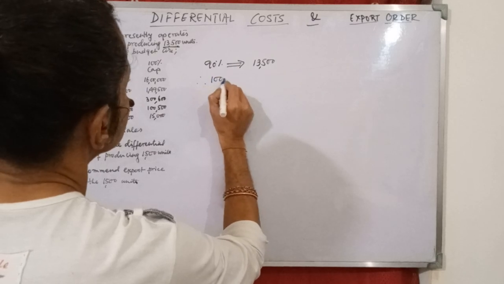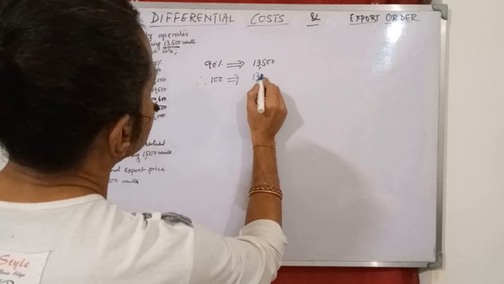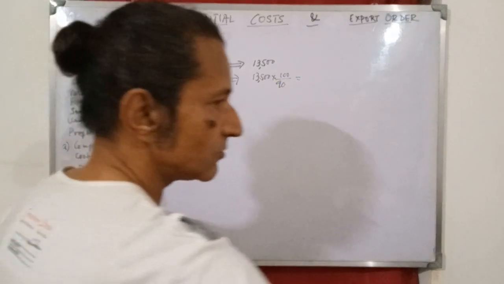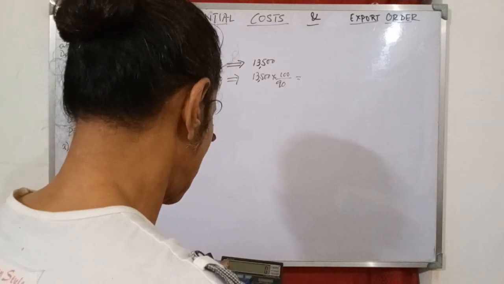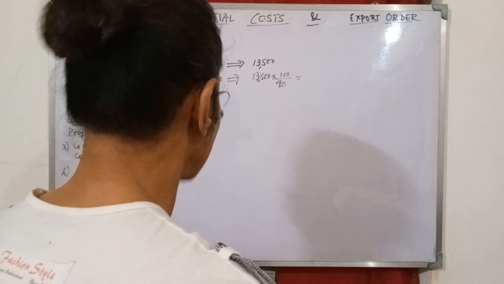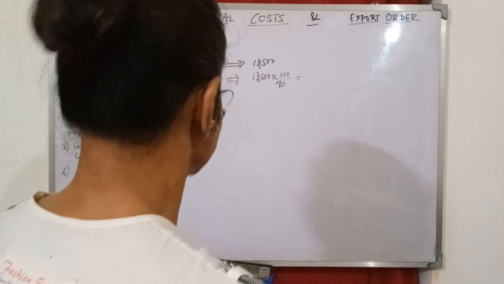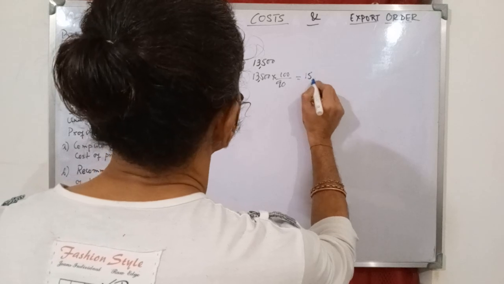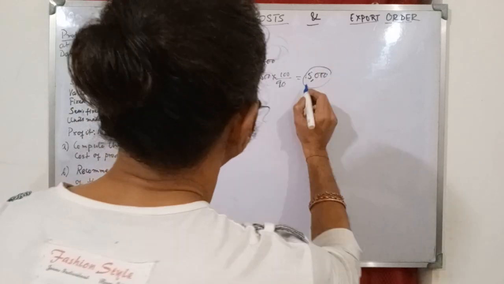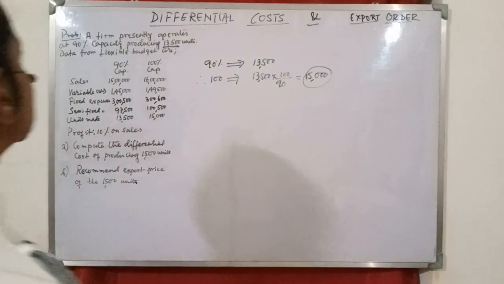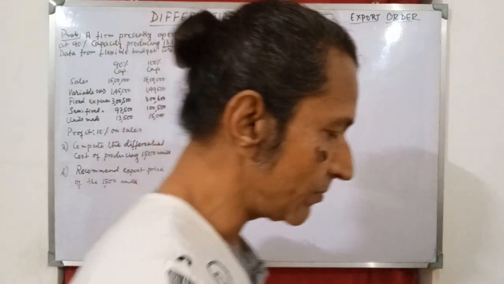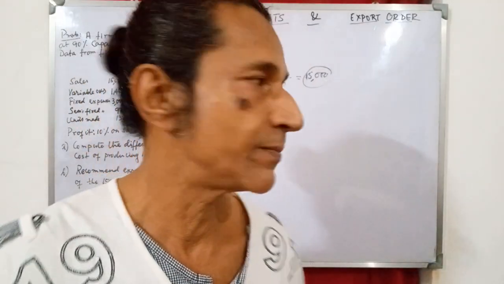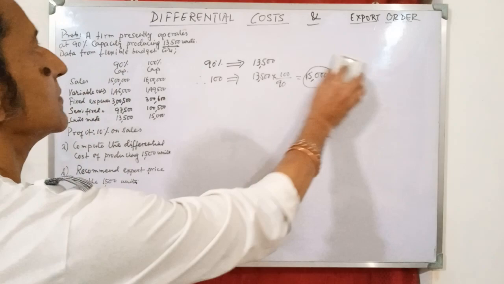Therefore at 100% it would be 13,500 into 100 divided by 90. So we get 15,000. So if that export order is accepted, then the firm has to operate at the fullest of the installed capacity, that is at 100% capacity.